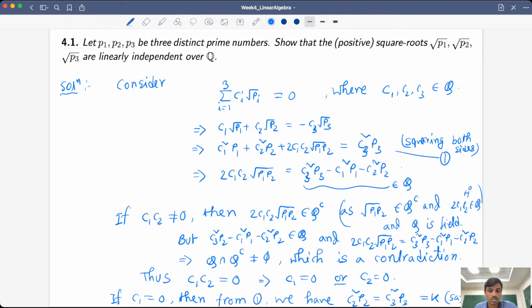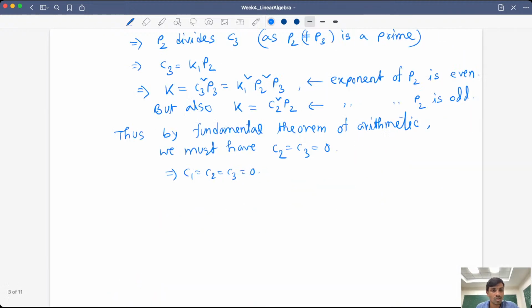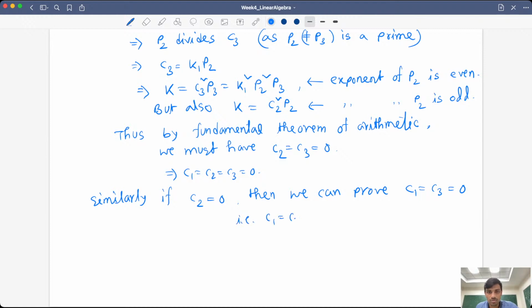Similarly, if we consider C2 equal to 0, we can prove in the same way that C1 equal to C3 equal to 0. That is again the same as C1, C2, C3 all being 0.